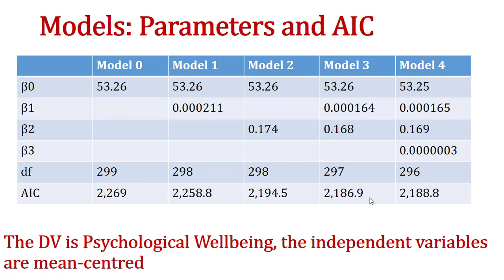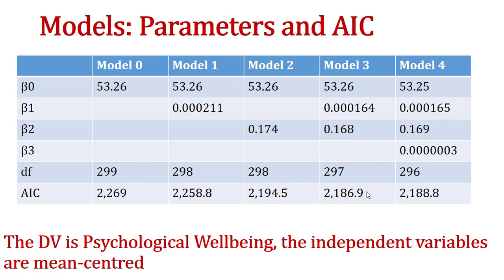So basically that shows that the best model is model 3, which incorporates both variables, income and job of choice, and has the lowest AIC. When we add an interaction, the model doesn't improve at all, it goes worse.